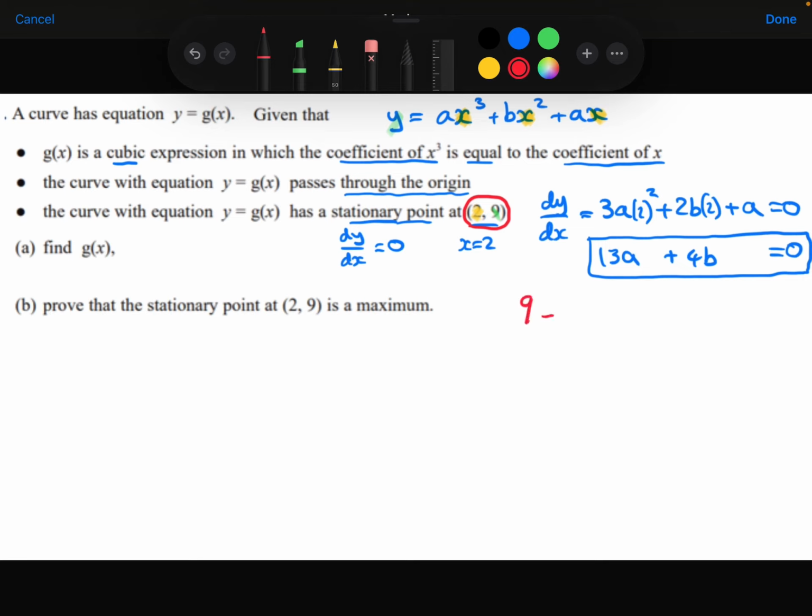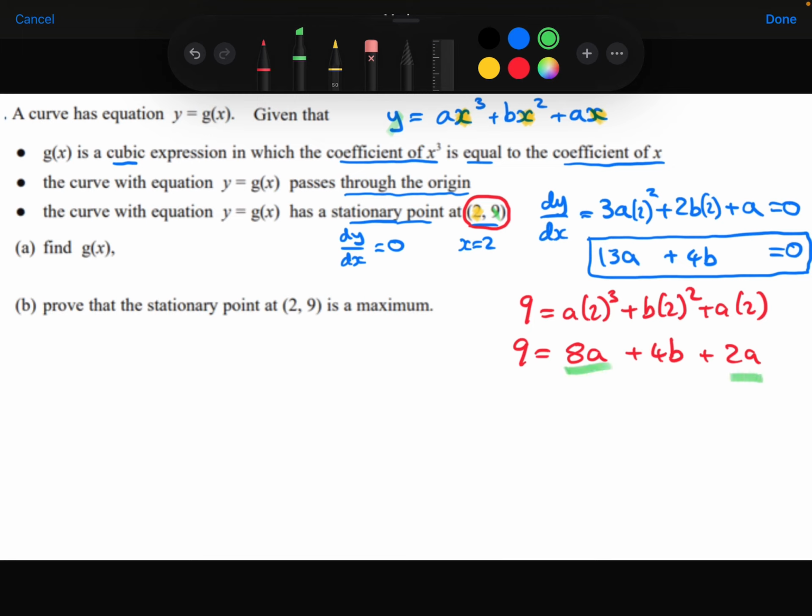So I will get 9 equals a times 2 cubed plus b times 2 squared plus a times 2. 2 cubed is 8. 2 squared is 4. Collect up these like terms. And I get 9 is equal to 10a plus 4b.